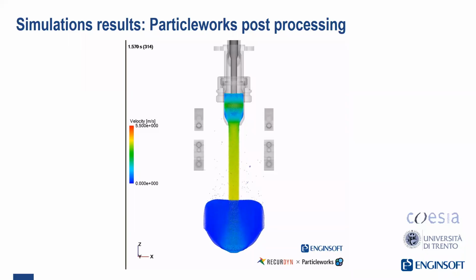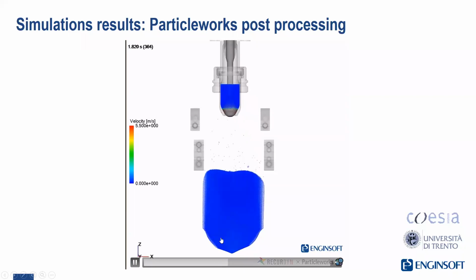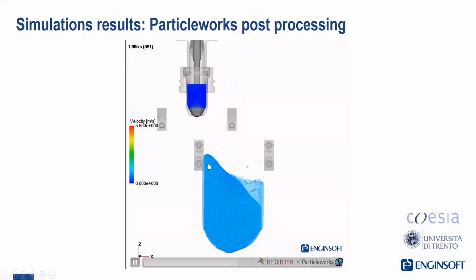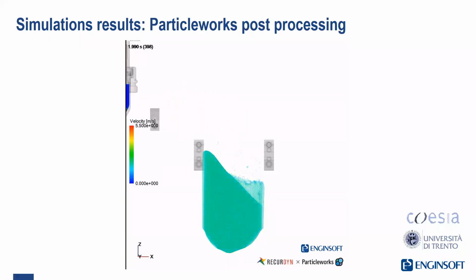Here is an overview inside Particleworks of the results that we previously saw. We don't see the pouch in this case because it's transparent, and from this view it's difficult to see the deformation of the pouch, but this is the type of output in terms of video that you can expect from Particleworks.